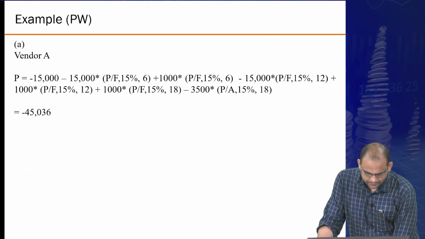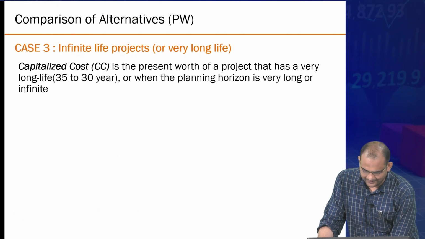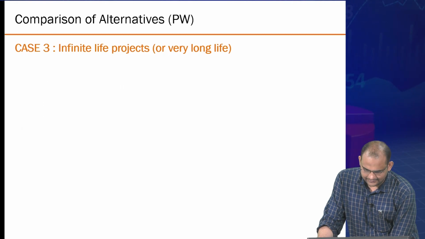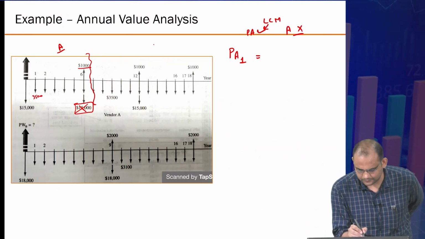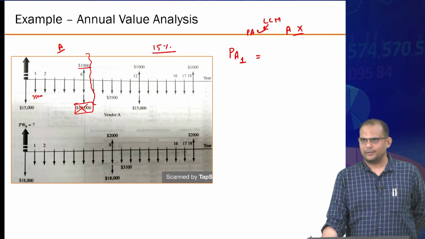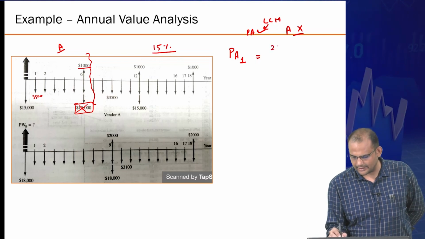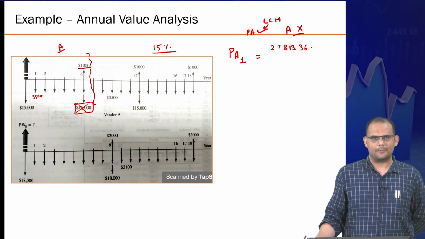You have memorized the question. Yeah, it's 15% per year. $27,000.36. Option B.